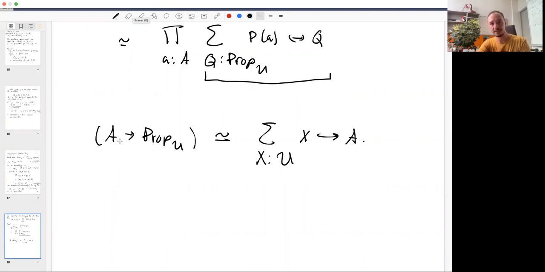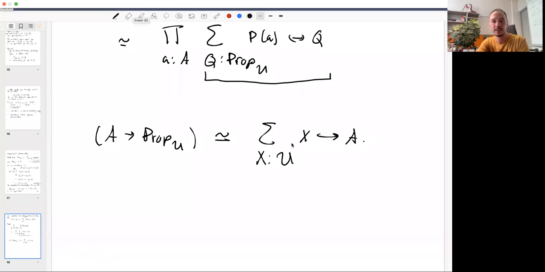So now the types are not sets, but we can still prove that the type of subtypes of a type A is equivalent to the type of all types X equipped with an embedding from X into A. And just as a remark, this equivalence wouldn't be true if you would use injective maps instead of embeddings.